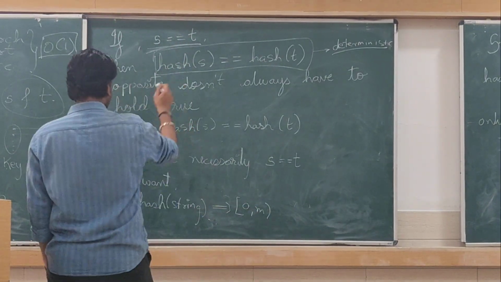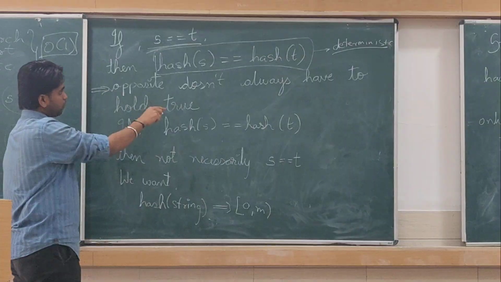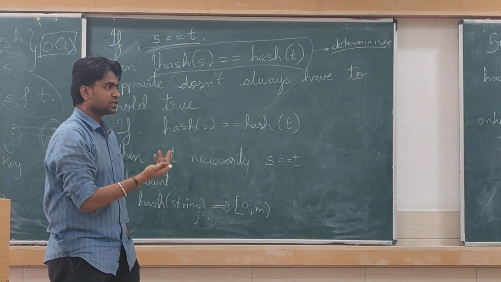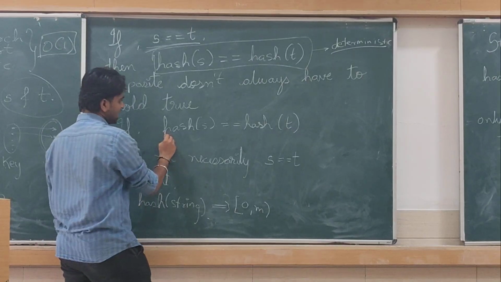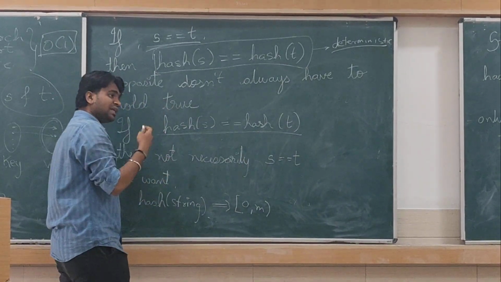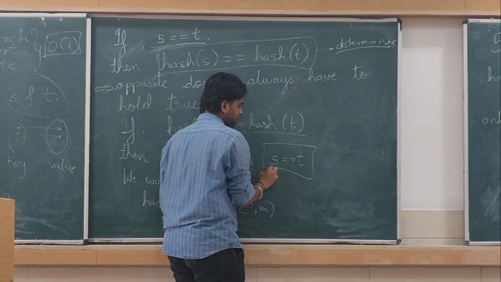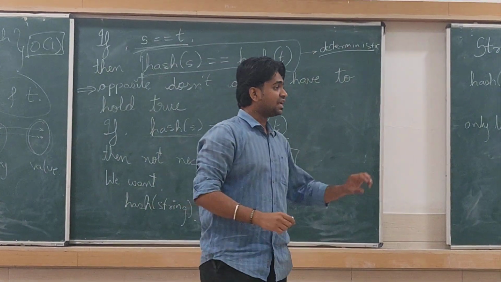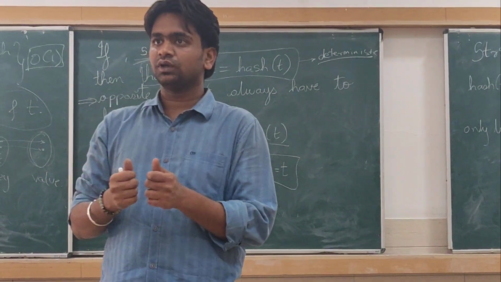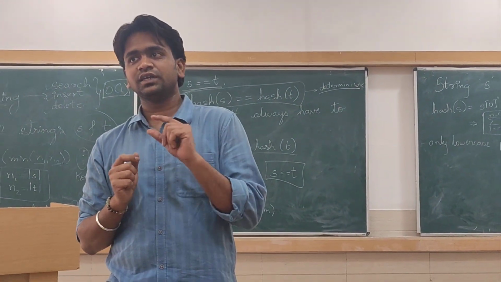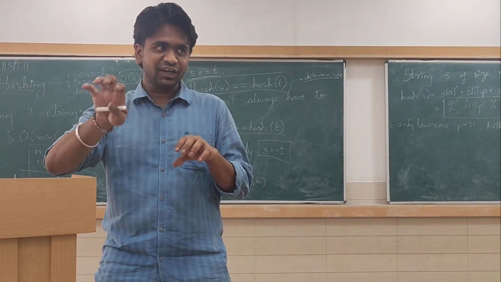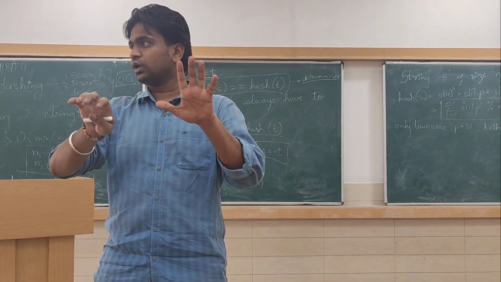So then I have written here, the opposite doesn't have to always hold true. Opposite क्या हो गया इसका? If the hash value of two strings is same, then you can't necessarily say that s is definitely equal to t. There is a chance that s and t can be equal. Are you understanding this thing? वो वैसा है कि अगर a true है, for sure b true है.